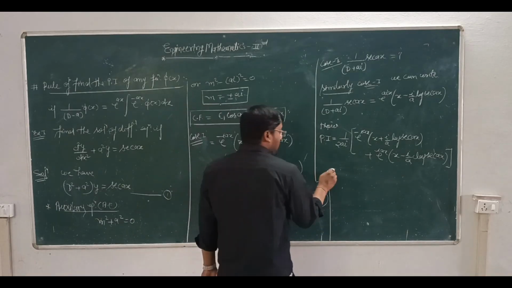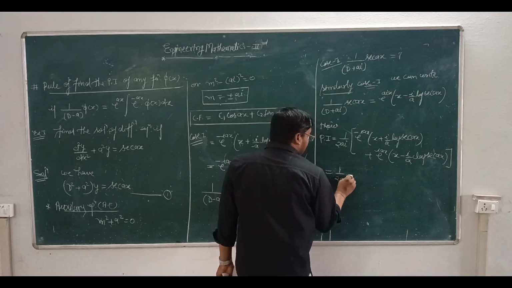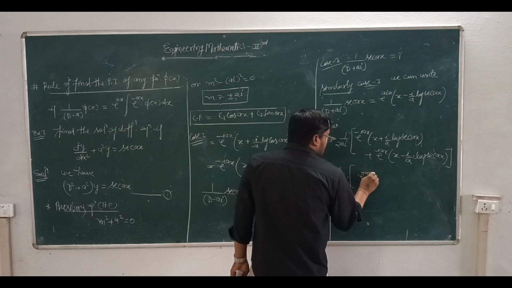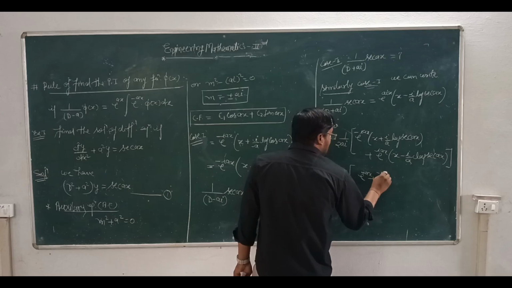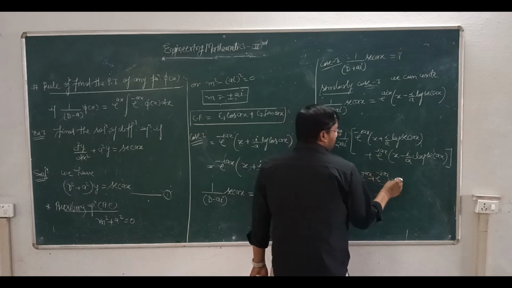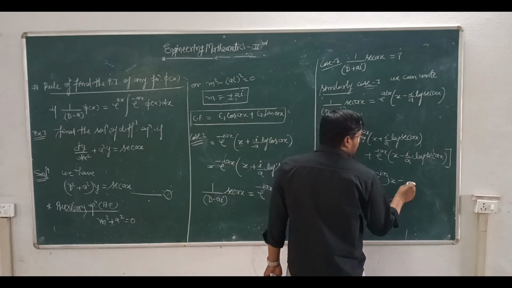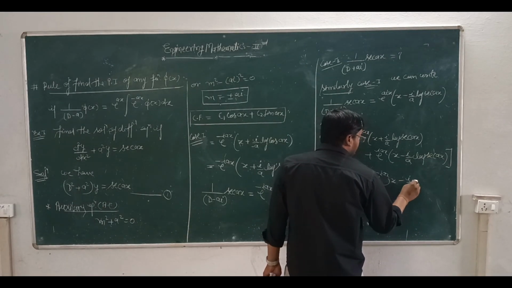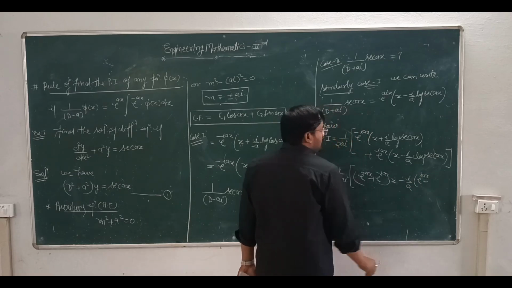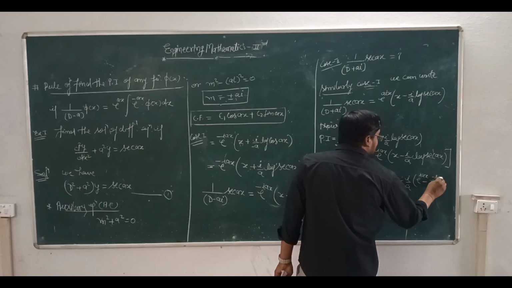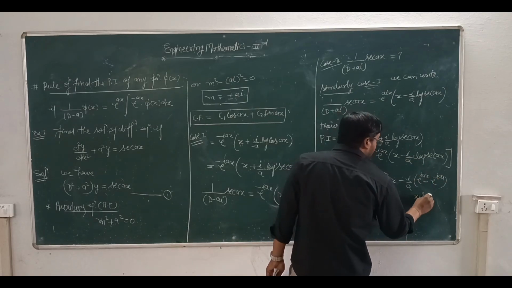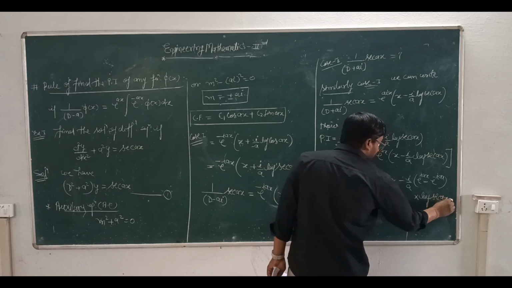Now you can write 1 upon 2ai, e to the power iax plus e to the power minus iax, x is common, minus i upon a, e to the power iax minus e to the power minus iax into log sec ax.